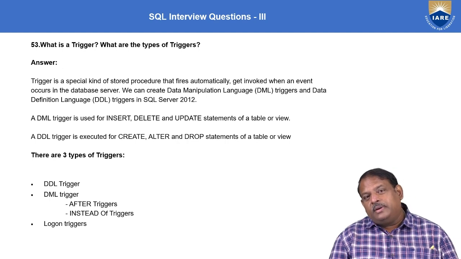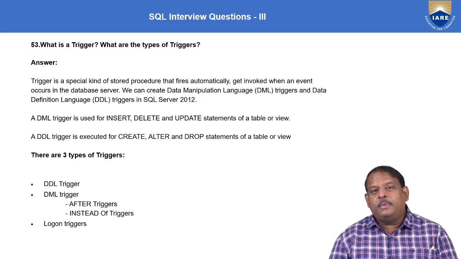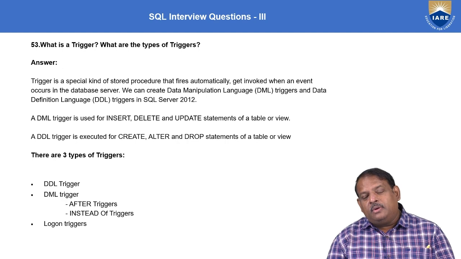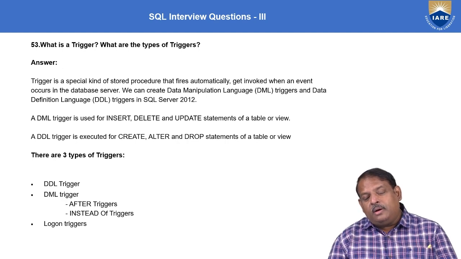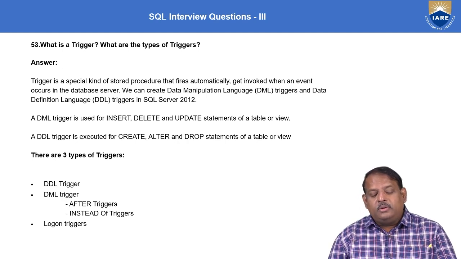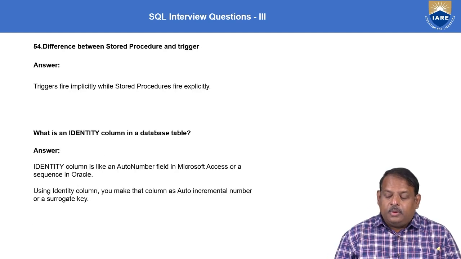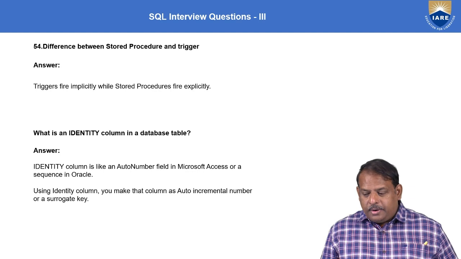After triggers fire after the insert, update, or delete happens. What are instead of triggers? Instead of delete, this is going to happen; instead of update, this is going to happen; instead of insert, this is going to happen. The third type is logon triggers.